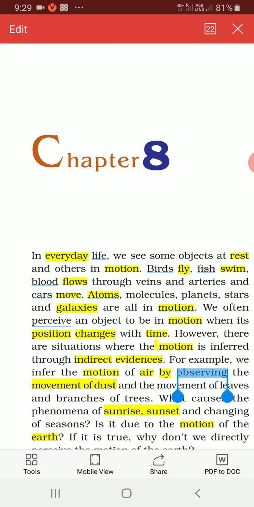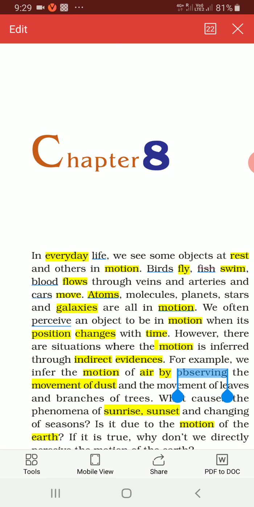So every object has these two things, which we call rest and motion. These are called the two states of a body. When you sit in the class, it is rest. When you move in the corridors, it is motion.